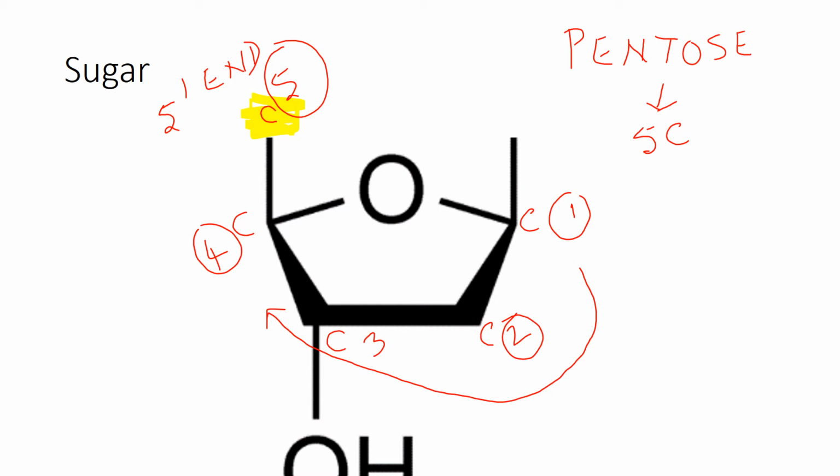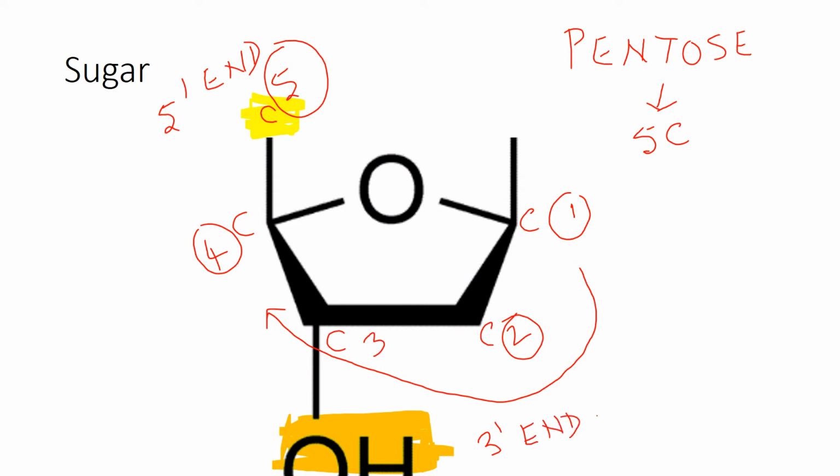Okay, and if the third carbon over here, this OH is free, it is not engaged in bond formation or linkage with any other molecule, then we say that the C3 carbon is called the 3 prime or the 3 dash end. This we will require for anti-parallel nature.